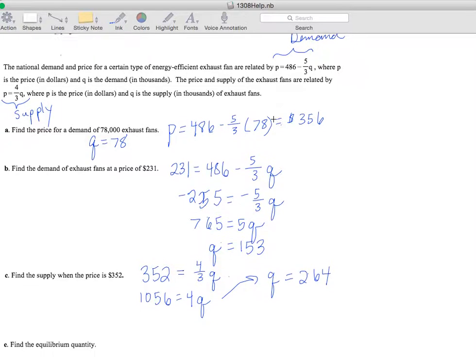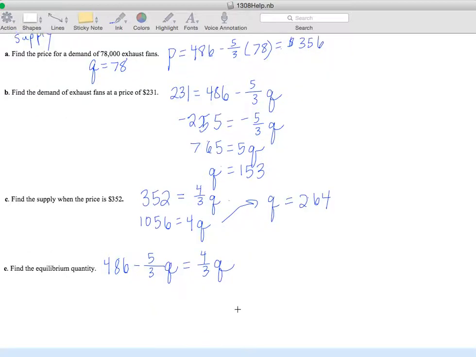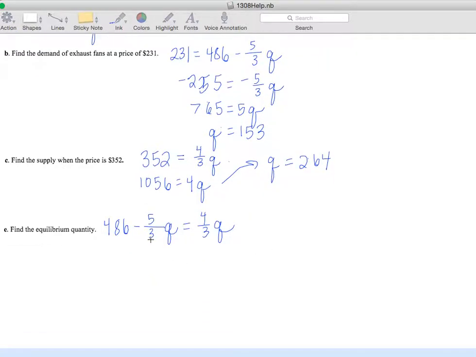So I'll have 486 minus 5/3 Q equals 4/3 Q. Okay, solving, 486 equals... you could multiply both sides by 3, but I'm just going to go ahead and add 5/3 Q to both sides.